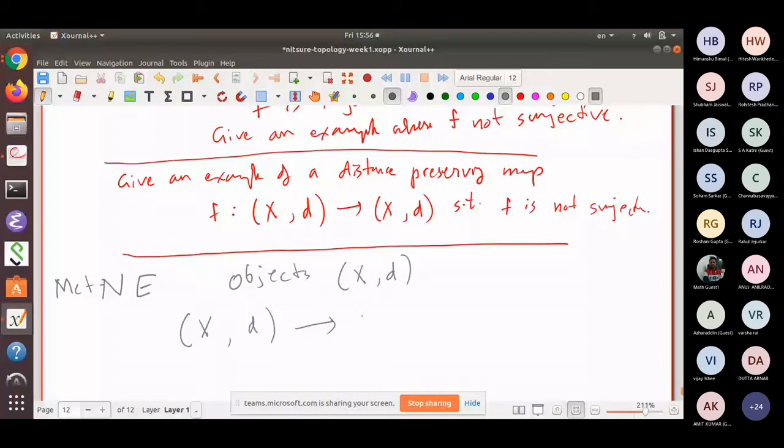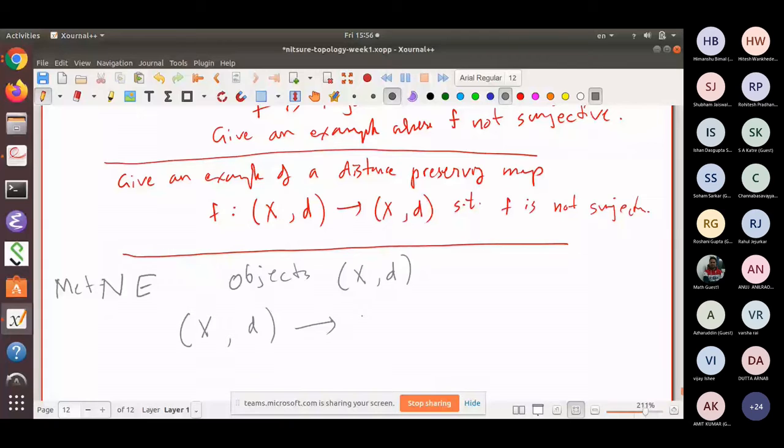So now again, this gives a category. You see, I called it non-expanding. Some people use the word contracting, but some others use the word contracting when the distance strictly decreases.